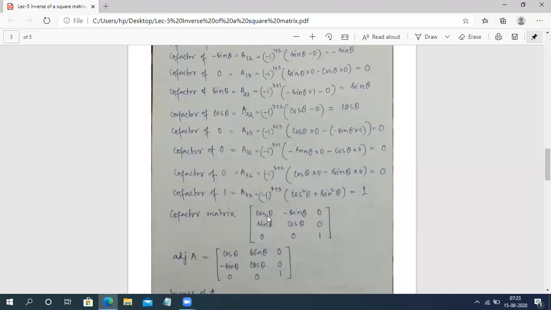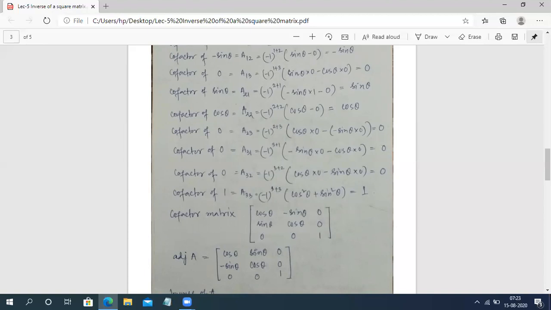Now substitute the values according to their position: capital A11, A12, A13, A21, A22, A23, A31, A32, A33. These are the values you are writing according to their position. Then we have this cofactor matrix.